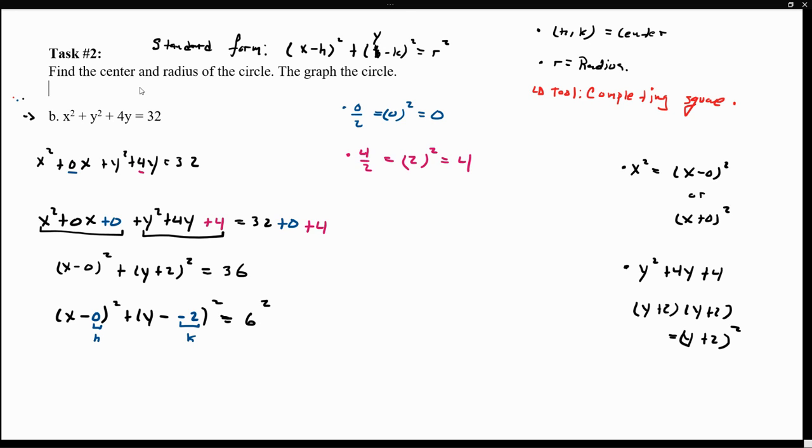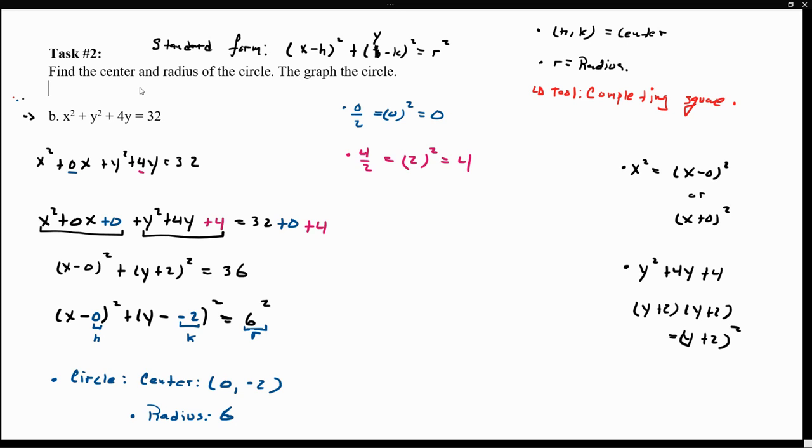Now we have all the correct information that is needed, because we know two things about the circle that we want to graph. I know that the center is located at (0, negative 2). In addition to that, I know that the radius is equivalent to just 6.